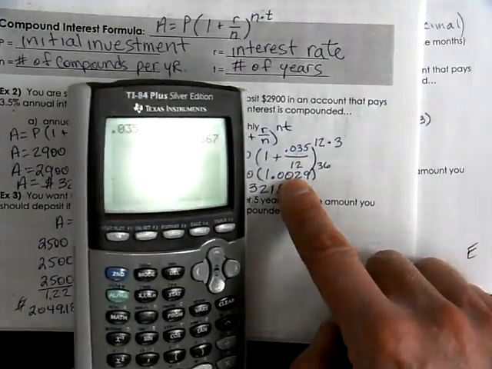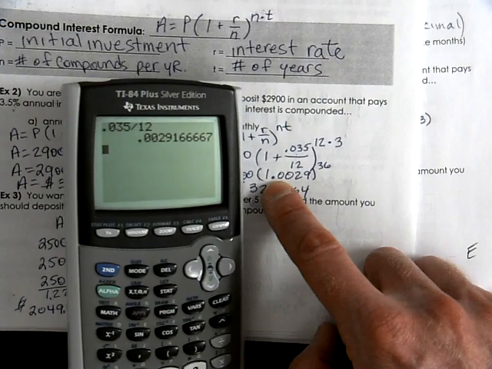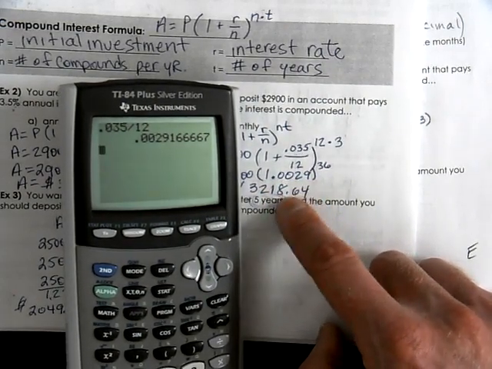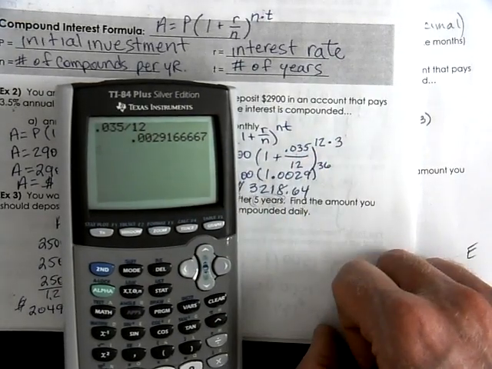So if you round that to 1.029, or even worse, 0.003, you'll get a different answer. You want to keep it as accurate as you can.